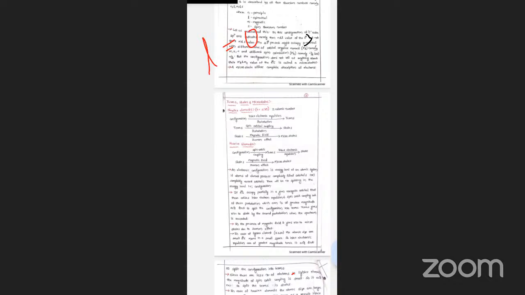That means the electrons are present in the s orbital. You can apply a magnetic field in that orbital, but no orbital angular momentum takes place. So L is equal to 0 means the electrons enter into the s orbital.